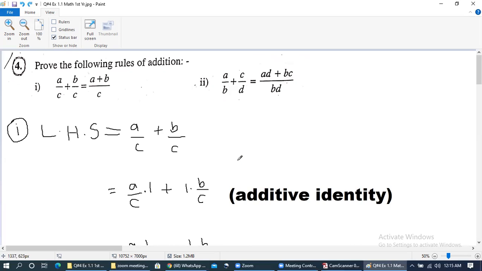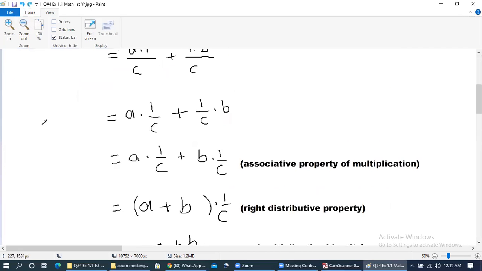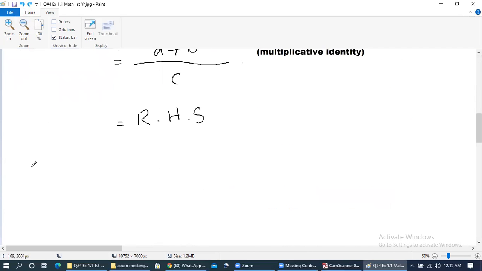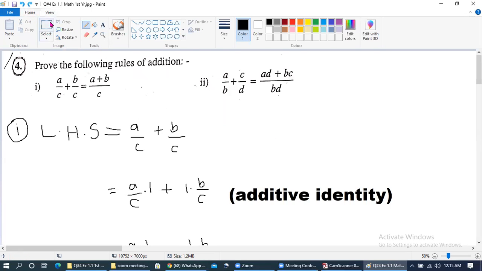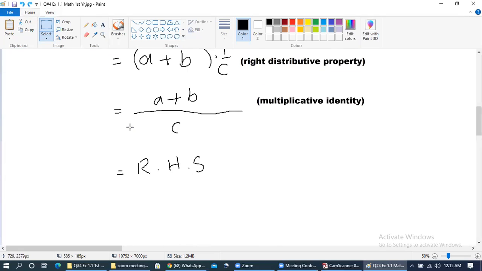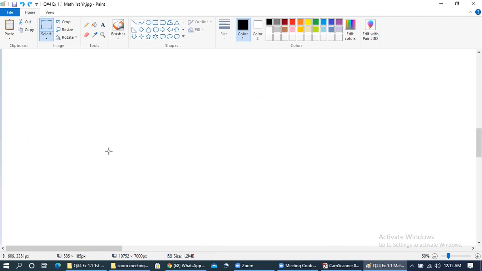So we have to prove this rule as well. Let's copy this. So this is the rule which is going to be proved now.